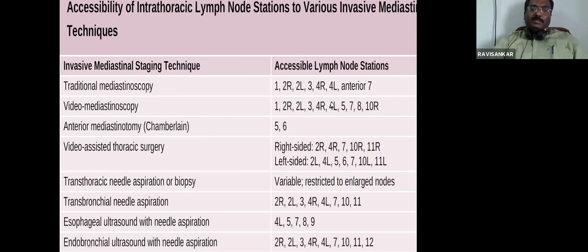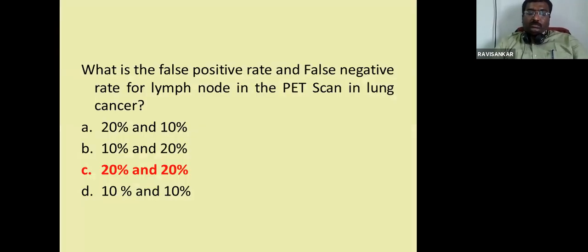Always remember the subaortic and paraaortic stations are very difficult to assess, particularly the 6. The false positive and false negative rate of PET-CT scan for lymph node staging is 20%, both of them.